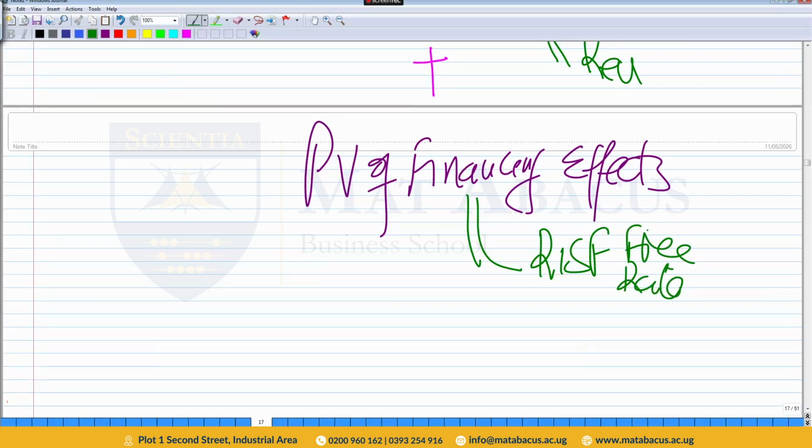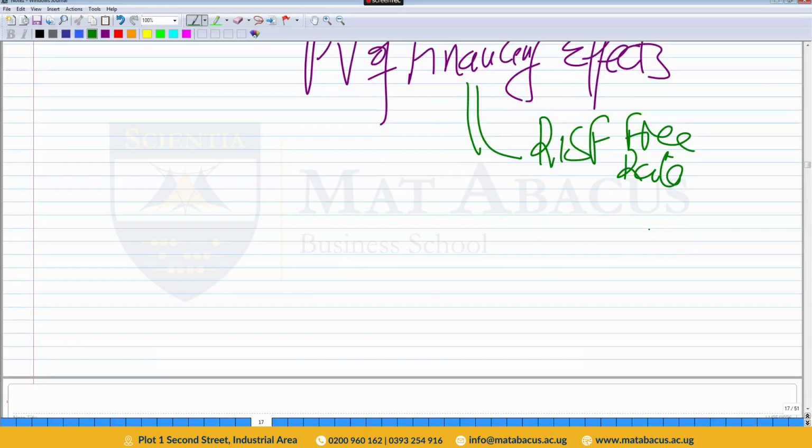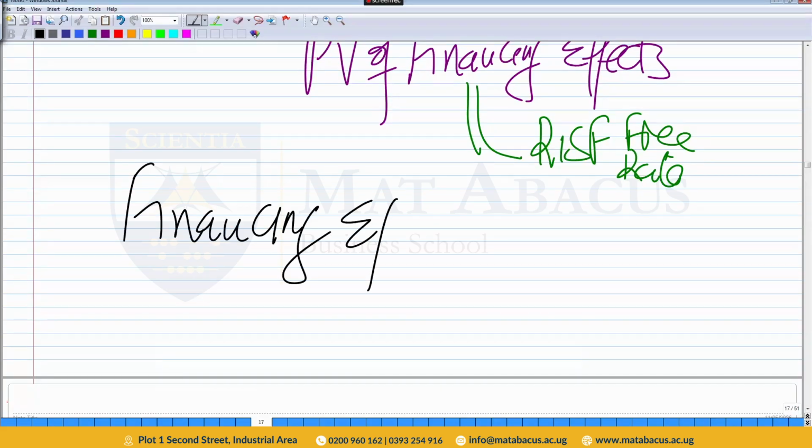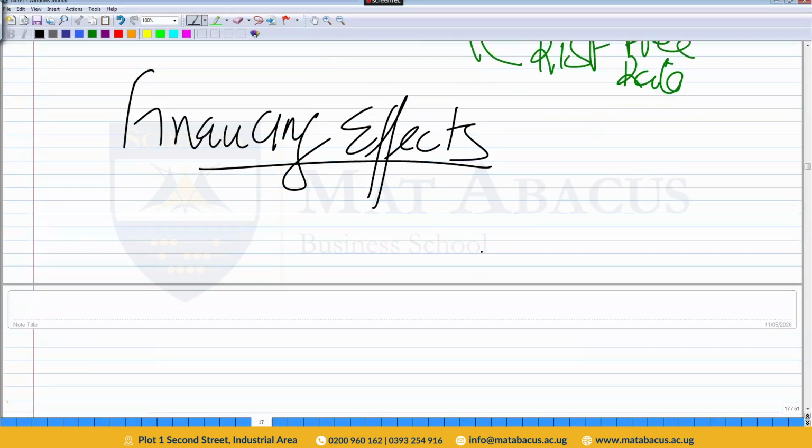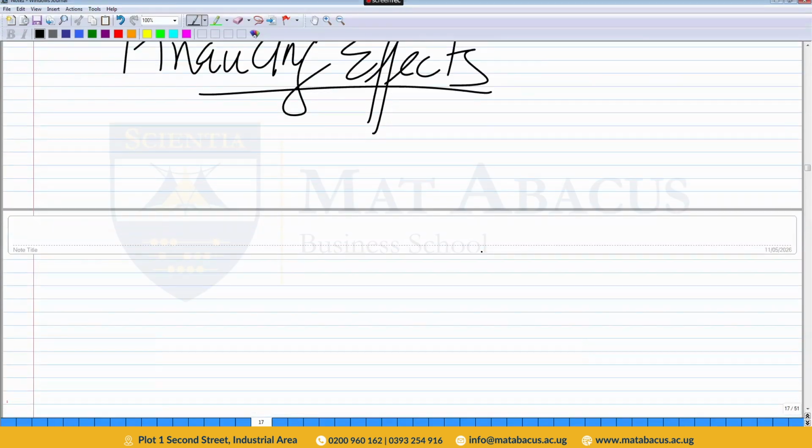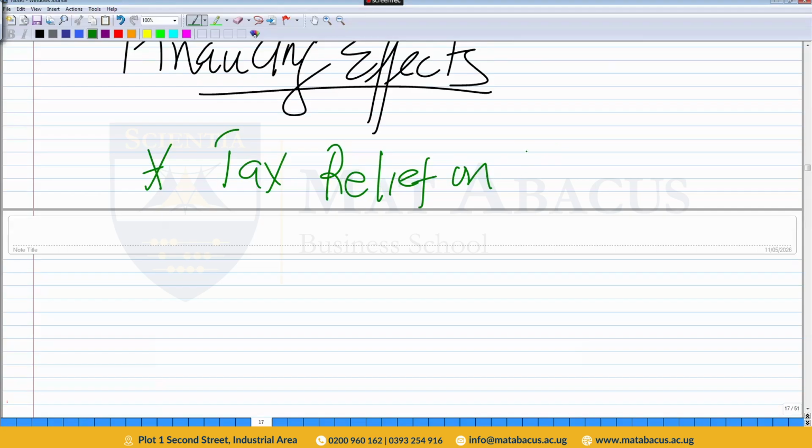Now, earlier when we were starting, I knew we would get tired, but when we were starting, we did say the financing effects are basically three. There is always tax relief on debt.